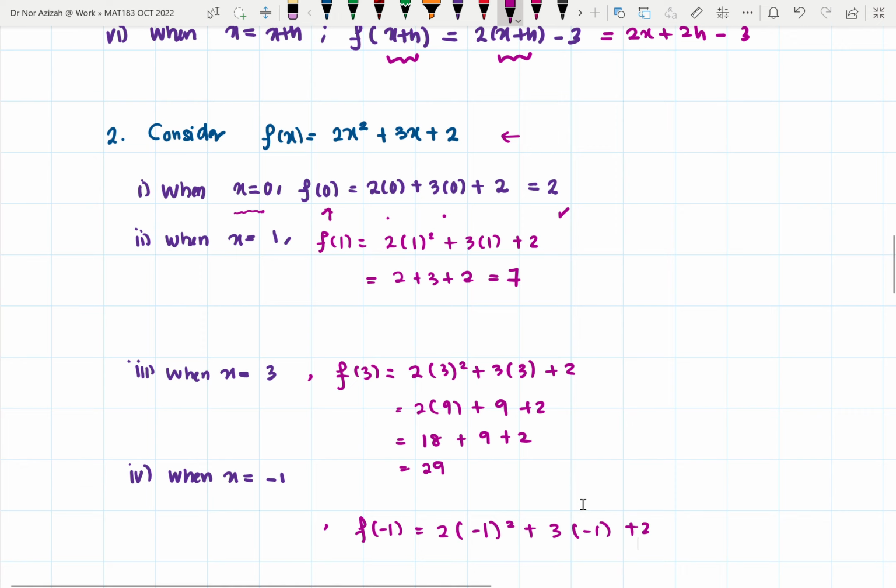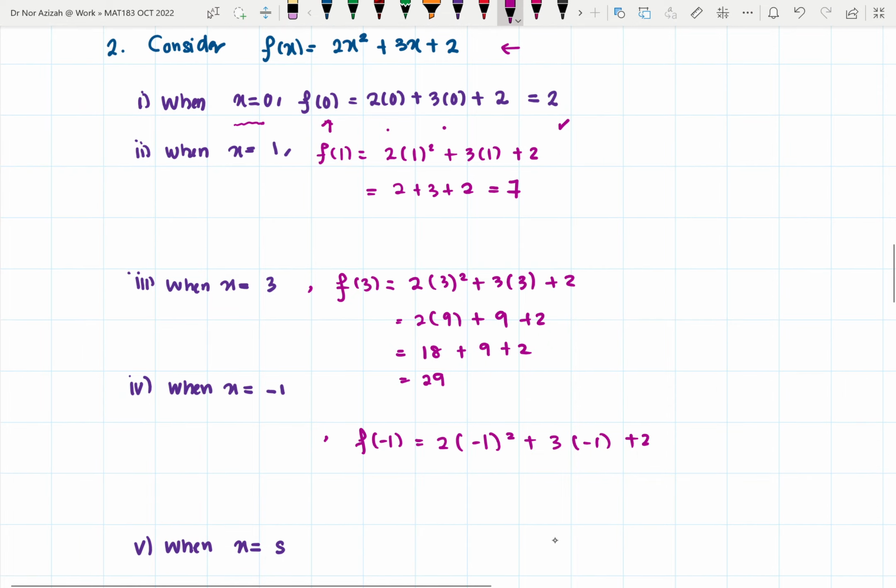You should know that when a negative number is raised to the power of 2, you will get positive, right? So multiply by 1, so 3 times negative 1 is negative 3 plus 2. So the answer here is 2 minus 3, negative 1, so the answer is negative 1.